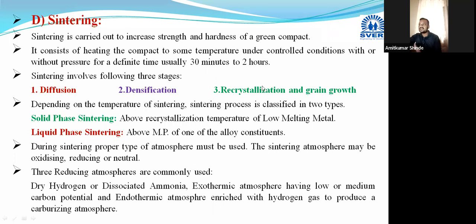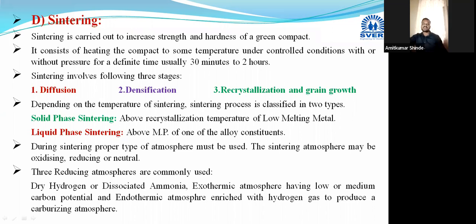Older grains will break at this recrystallization temperature, and due to diffusion of one metal on other metal powder particles, recrystallization and grain growth will take place. This is the third stage, and this will increase the strength and hardness of that compact. And we will get the sintered component at the completion of this sintering stage. Whichever component is obtained is termed as sintered component.